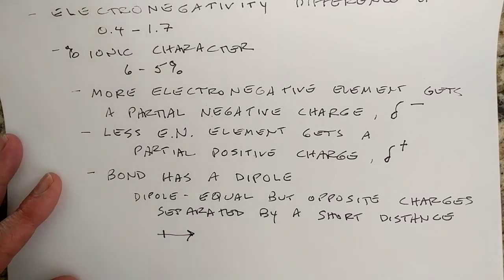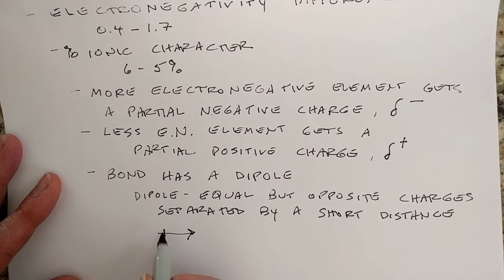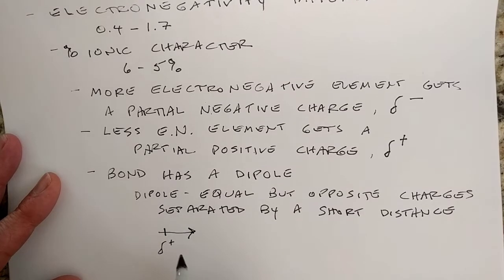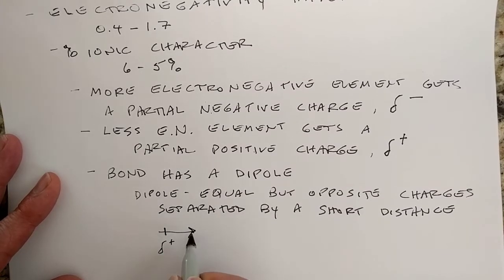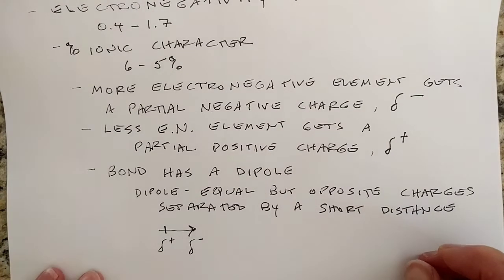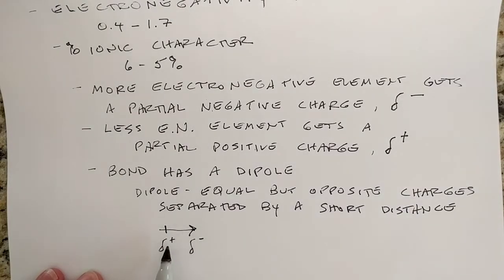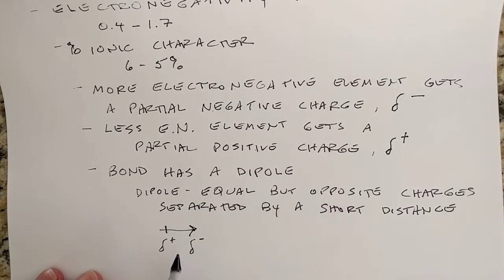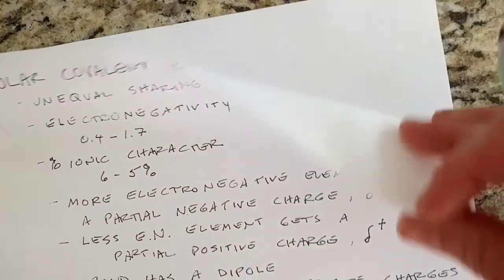We make like a little plus there. So this plus represents our partial positive, our delta plus end of the dipole, and that goes to the negative end, or the delta minus end of the dipole. So when we have a polar bond, it will be positive near the less electronegative element and negative near the more electronegative element. So let's do an example for our polar covalent bond.